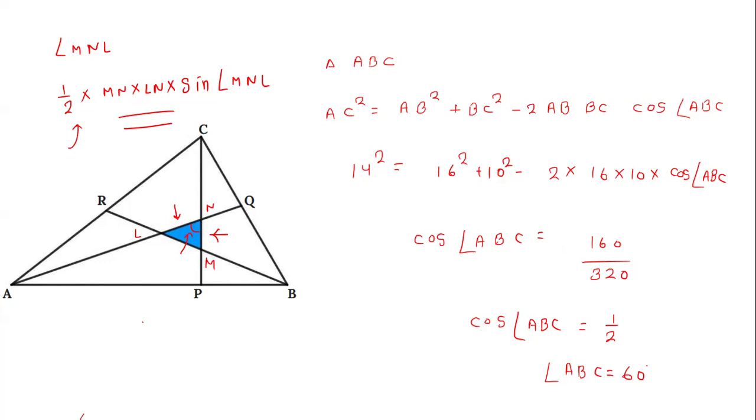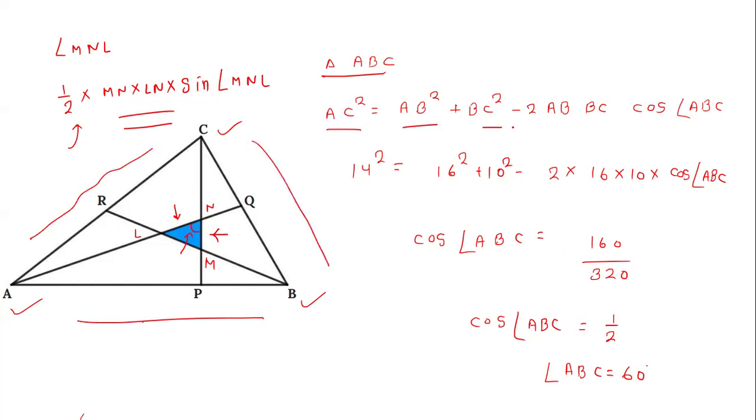If we find all of these three, then we can easily find the area of the triangle. So let's start how we can find all these sides and all these angles. First we assume the triangle ABC. This is A, this is B, this is C. In this triangle we can say that AC square, by the cosine rule, is AB square plus BC square minus 2 times AB times BC times the cos of the angle ABC.